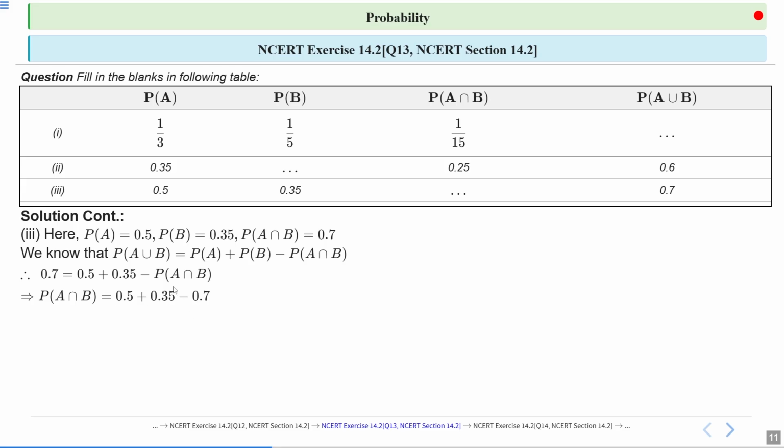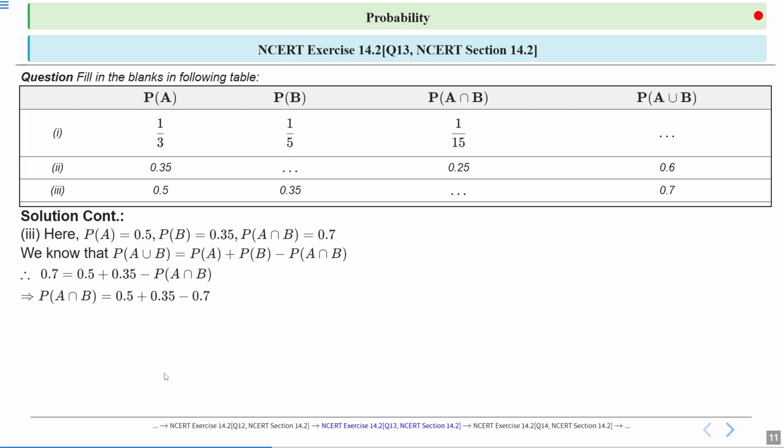We just move probability of A intersection B to the left hand side and the numbers to the other side. Then we obtain probability of A intersection B equal to 0.5 plus 0.35 minus 0.7.